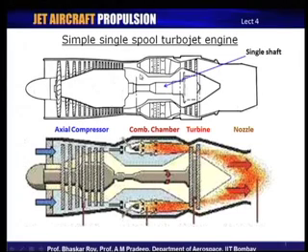And then once the combustion has been performed, that means the fuel has been burnt and the air has been raised to a very high temperature, that high temperature and compressed air is then released to the turbine.